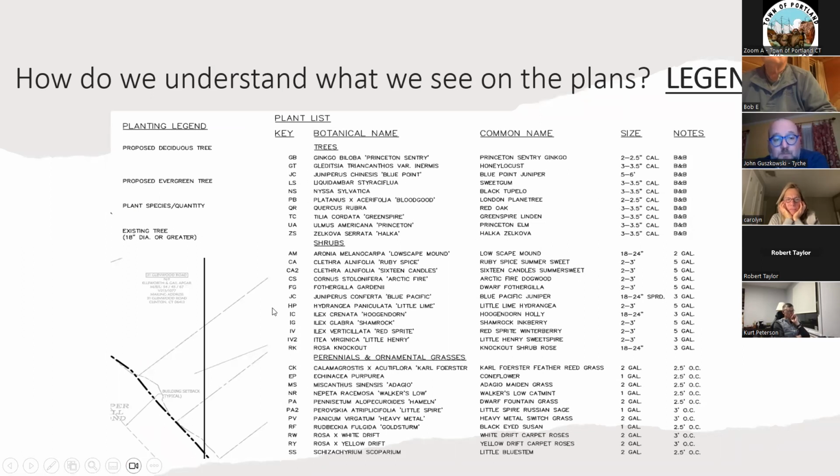And I'm not a landscape architect. I'm not much of a horticultural specialist, so I'm often looking up what a Blue Point juniper or a London plane tree or a greenspire linden is. But all of these things are called out and featured on the map.